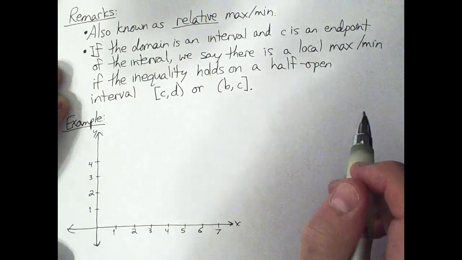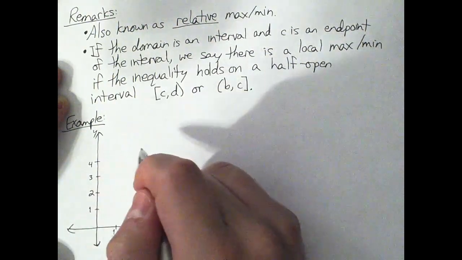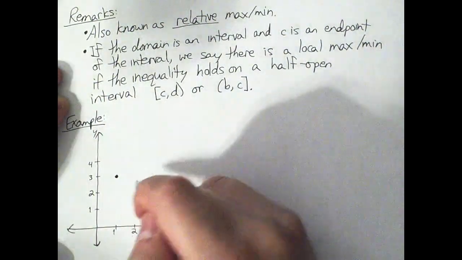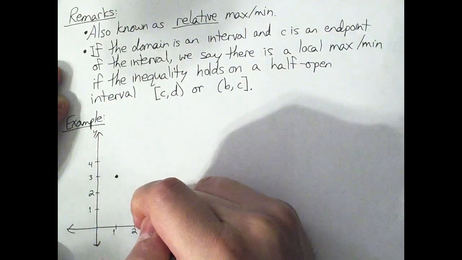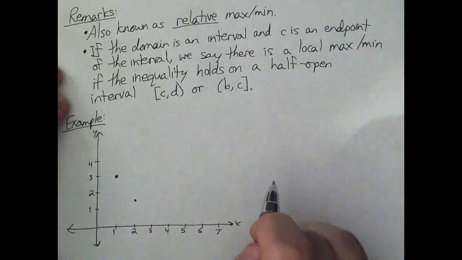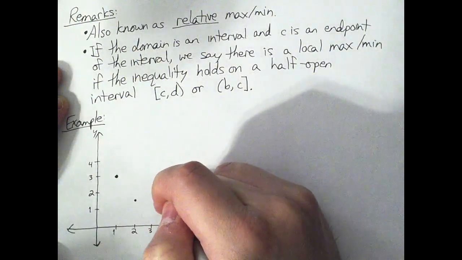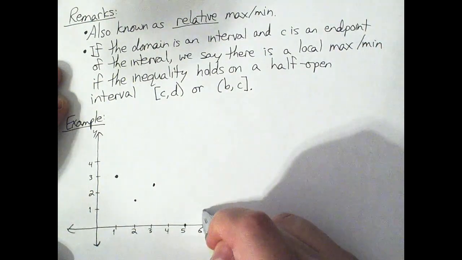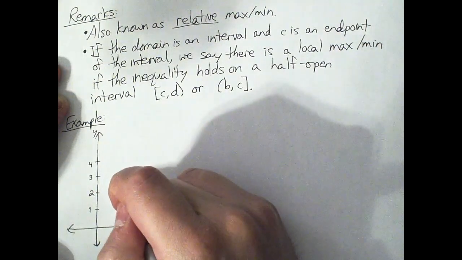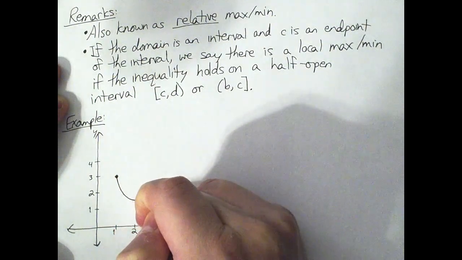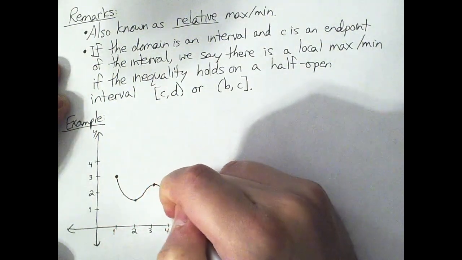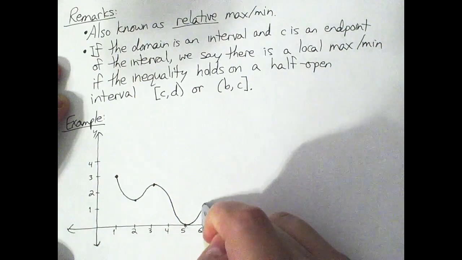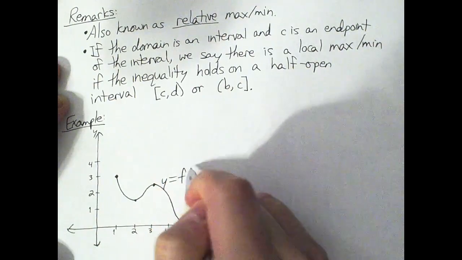Okay, I want some points in some specific places for this example. All right, this is a function that I'm going to call y equals f of x.